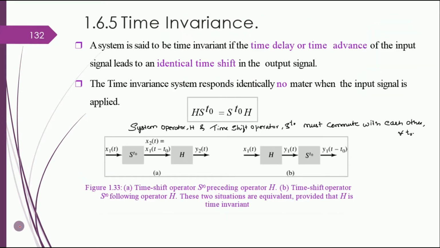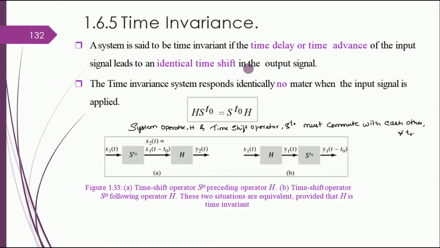So to begin with, time invariance is property number 5, that is what we are focusing on right now. Time invariance is something related to time. A system is said to be time invariant if the time delay or time advance of the input signal leads to an identical time shift in the output signal.